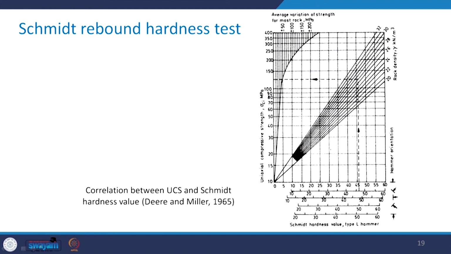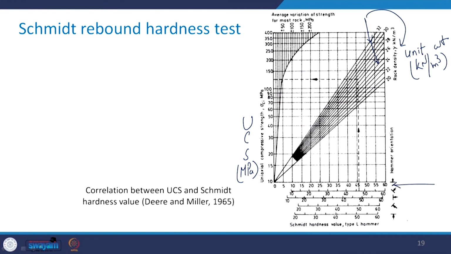On this axis you have UCS in MPa, megapascal, and these radial lines are giving the unit weight of the rock in kilonewton per meter cube, and this axis gives us the Schmidt hardness value, and this is for L type hammer. Now, how to read this?